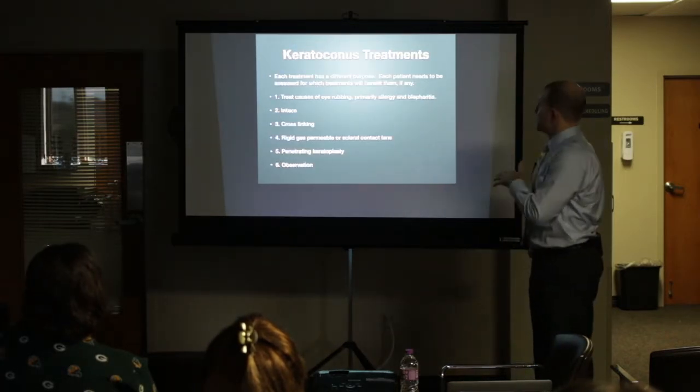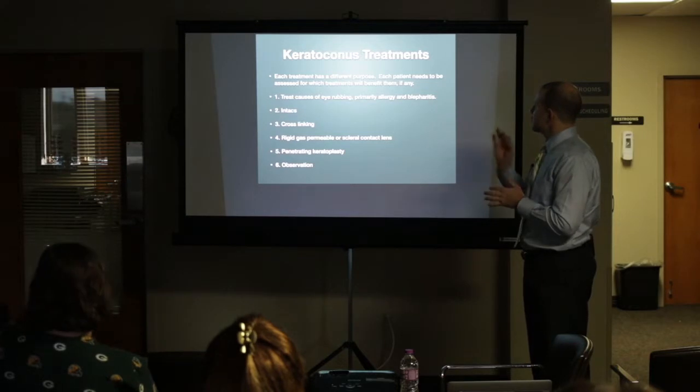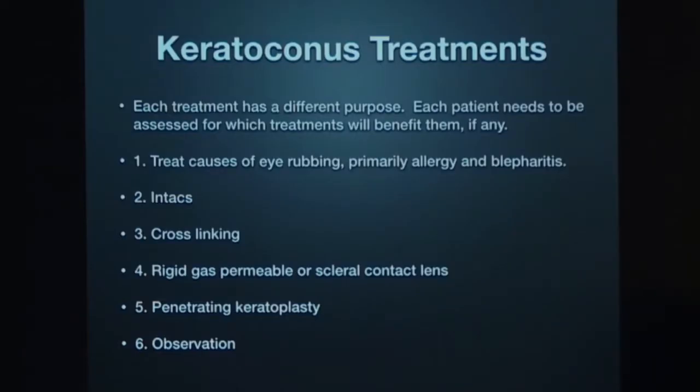So each question is kind of helping me decide on a different treatment. And each treatment has a different purpose. So each patient needs to be assessed for which treatments will benefit them, if any, and which ones won't help them. So number 1, we want to treat causes of eye rubbing, primarily allergies and blepharitis.